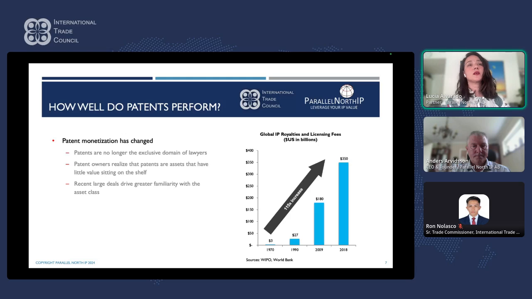We are also seeing that patent owners are more and more realizing that patents are assets that can be monetized. They are expensive. It is difficult to maintain a portfolio, even if it's a small one. And therefore, they are looking into new sources of revenue, and patents are a way that they are turning to. And of course, there is a buzz.